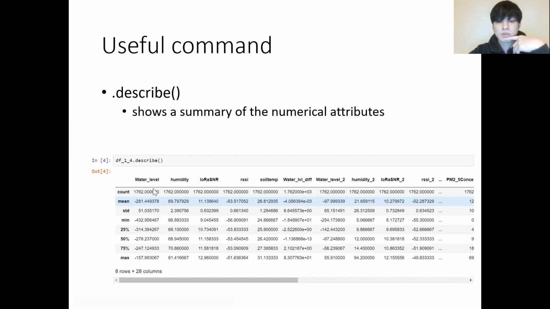Then you have to work on it and find out what the problem is, or maybe remove the faulty input or the faulty data. So describe is one of the first steps that you should do whenever you get the data. It gives you the basic idea of the data that you have and helps you pinpoint some of the most obvious problems that you might miss. In this case, you can see that we have 1,762 entries.